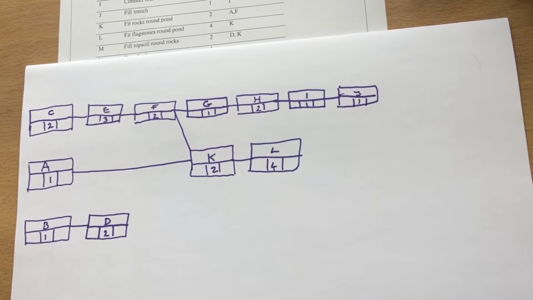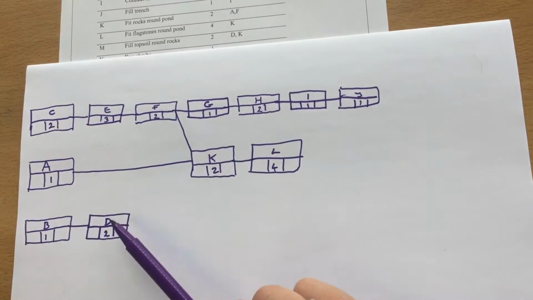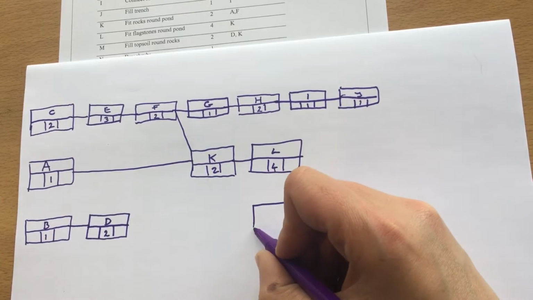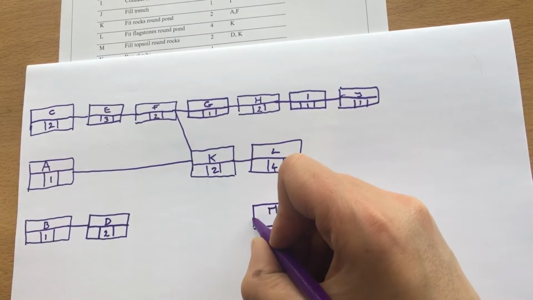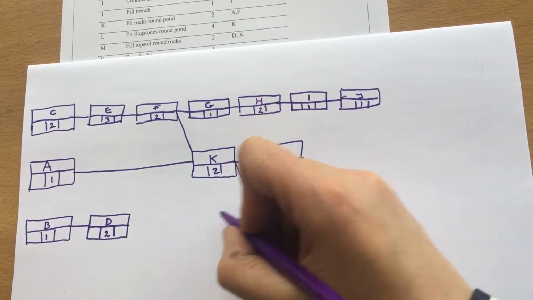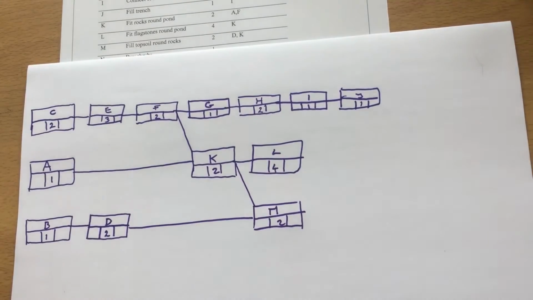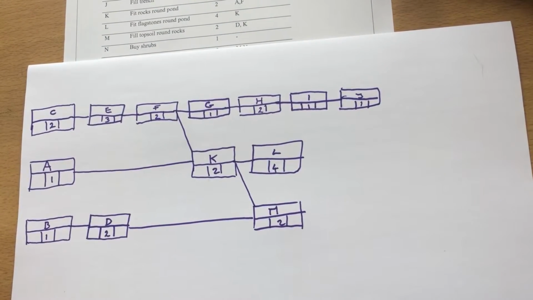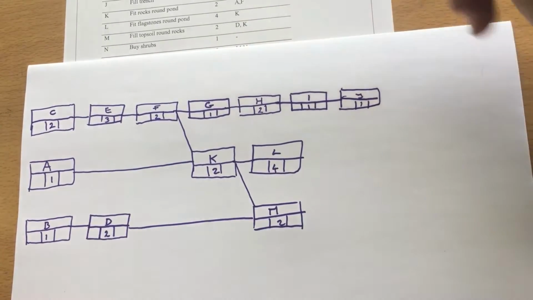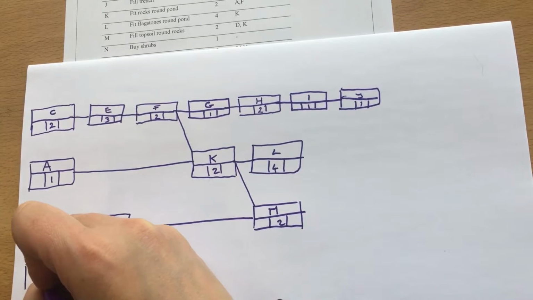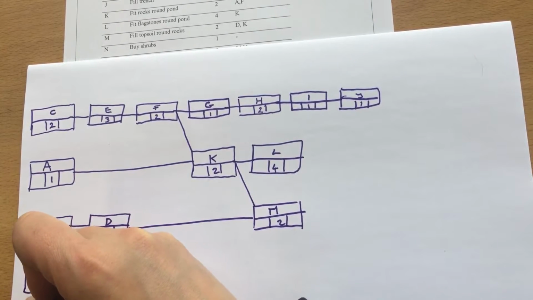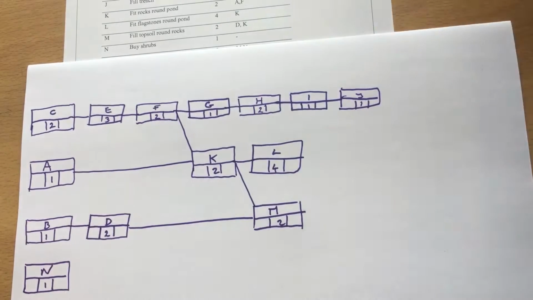Then we've got M, and M has to wait for both D and K, so we can put M further along than both D and K, and that's going to take 2 coming out of D and K. Now N doesn't have any predecessors, so N goes all the way back at the beginning because it can happen at any time after we've started, and that's going to take 1.